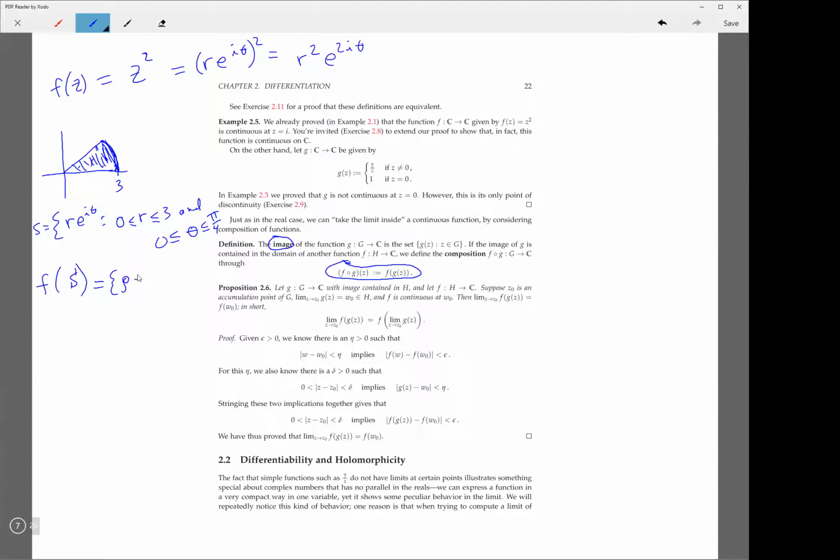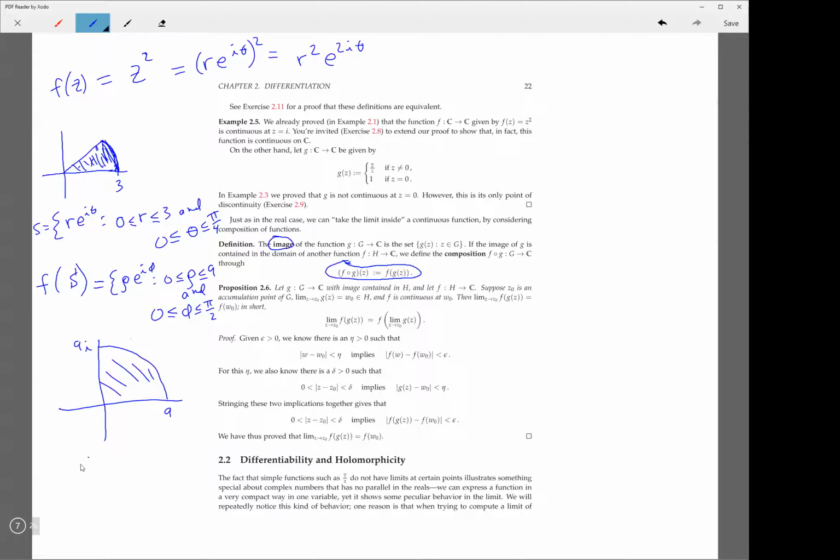So I end up with rho e to the i phi, where rho is between 0 and 9, and phi is now between 0 and pi over 2. So I have this bigger piece of pie right there. That's an example of the image of a function.